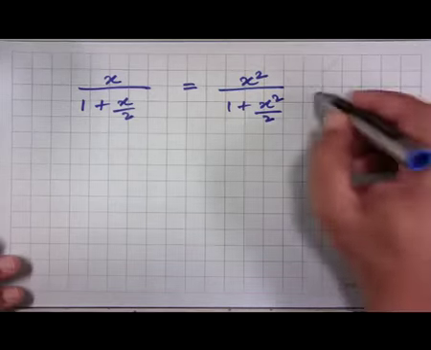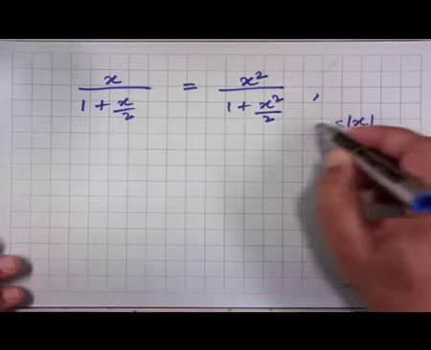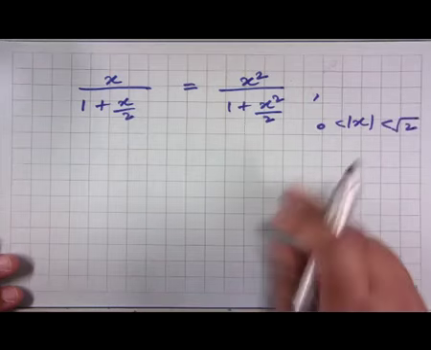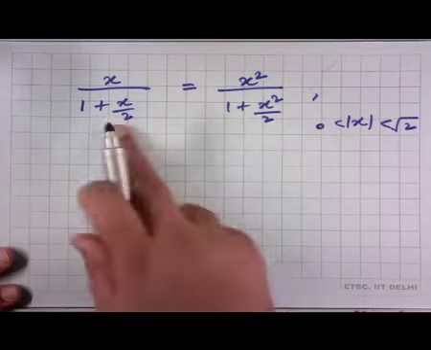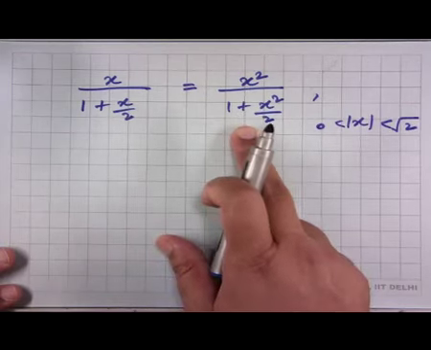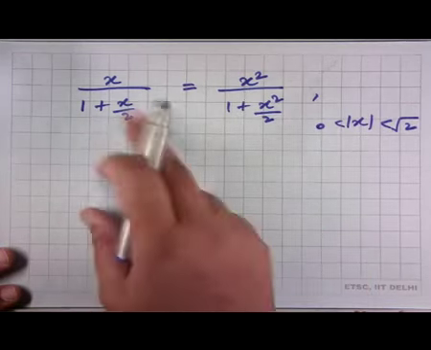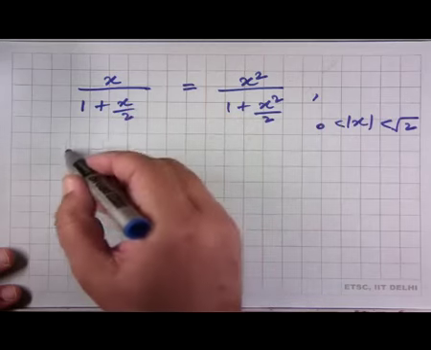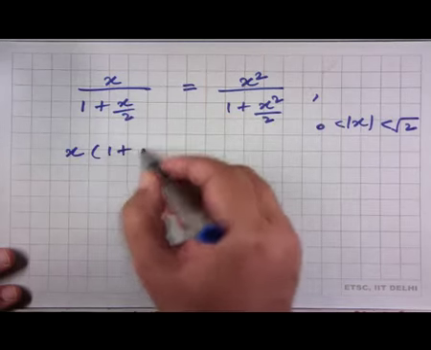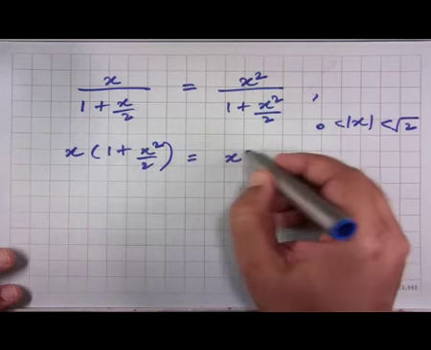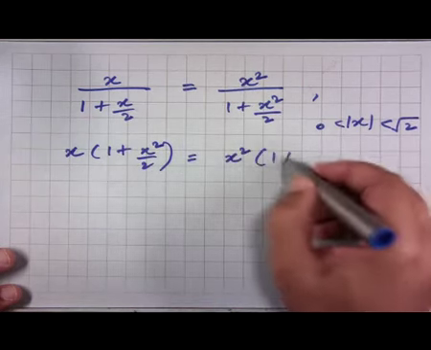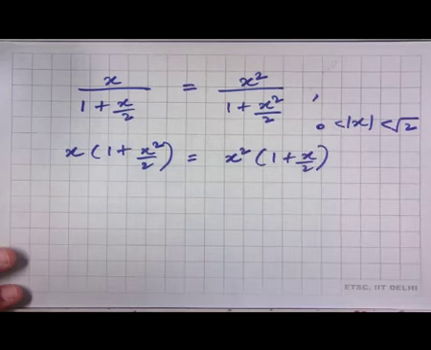Now, since mod of x is less than square root of 2, it follows that both these denominators will never be 0, and therefore, x into (1 plus x square over 2) equals x square into (1 plus x over 2).